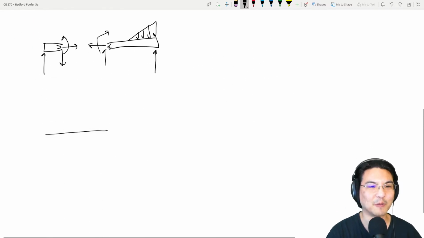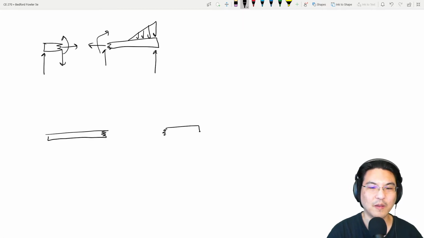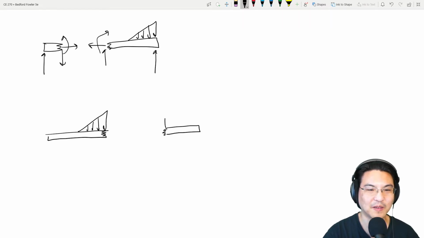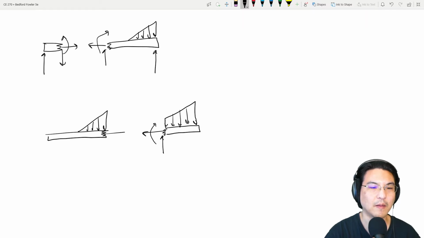The left section will look like this. And the right section will look kind of like this. Okay. So then, right, and then this and this.